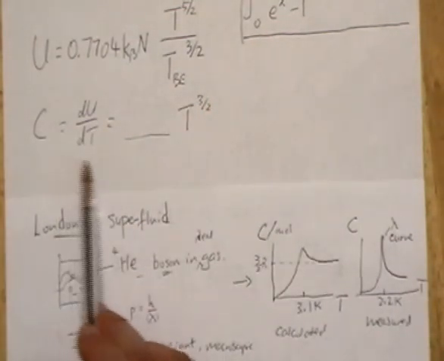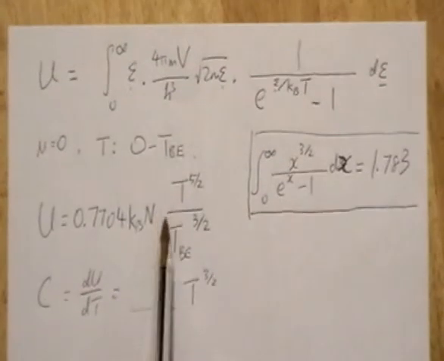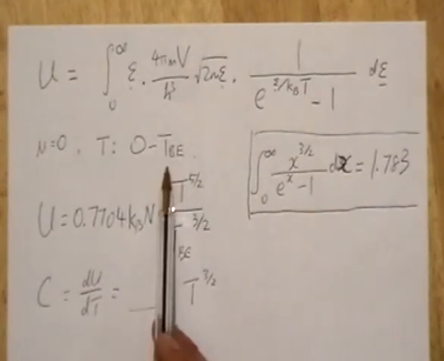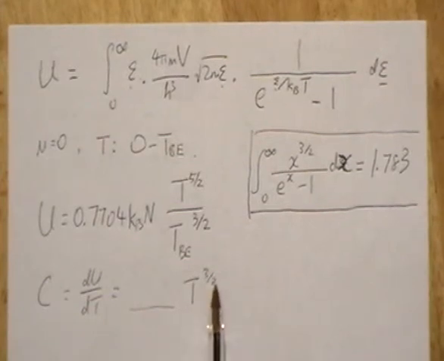If you look at this expression that we've just obtained, careful here, the heat capacity below the Bose-Einstein condensation temperature is given by a constant times T to the power of 3/2. Now we already know how to plot the graph of T to the power of 3/2.